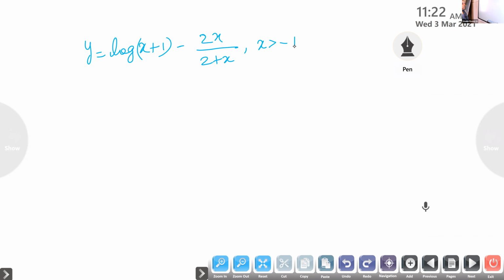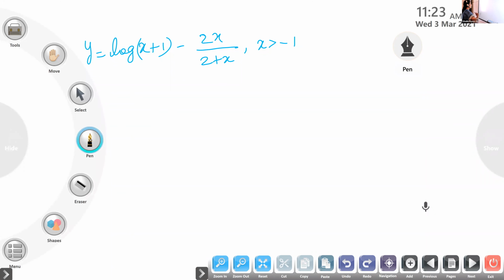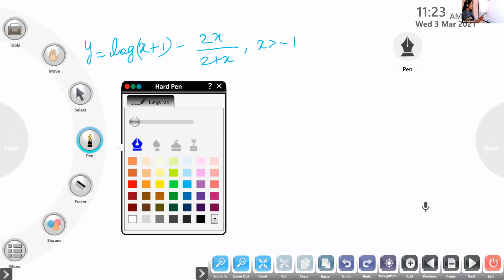You have to prove this is an increasing function throughout its domain. This is also a 3-mark or 5-mark question.